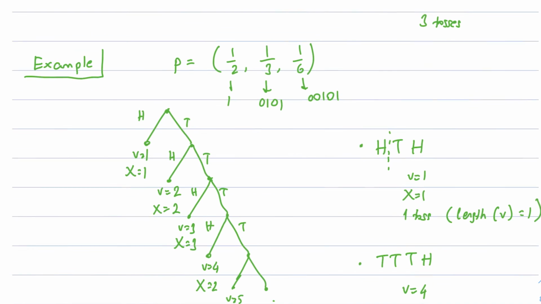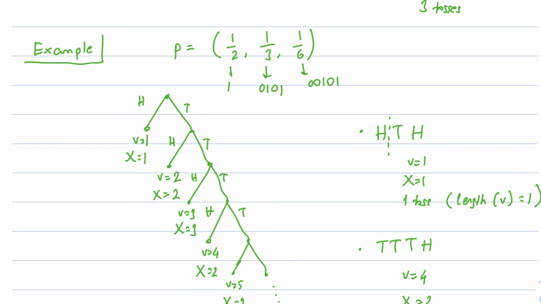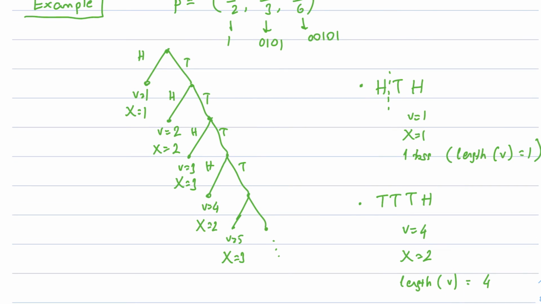In the second example, we again have the distribution 1 over 2, 1 over 3, and 1 over 6. It has an infinite length binary tree with the given assignments. Let's say that HTH is a random coin tossing.